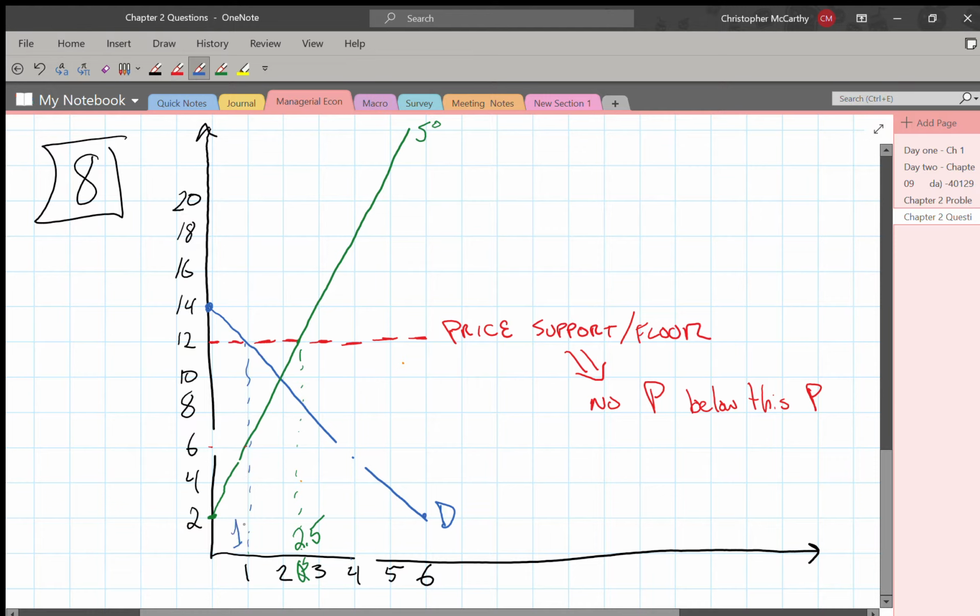So there's a surplus. Very good. And the surplus is equal to the quantity supplied minus the quantity demanded. So that's going to be 2.5 minus 1, to give me 1.5.